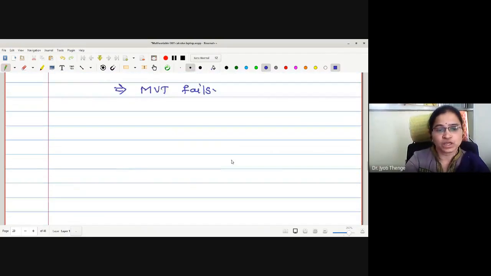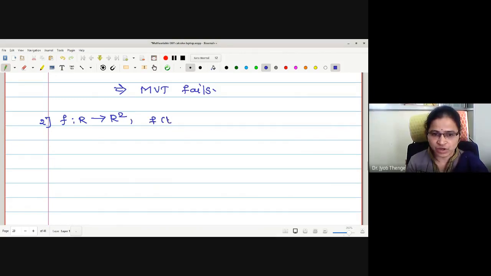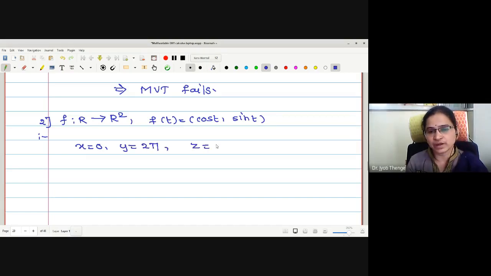Okay, you can cross check with one more example that I am giving you. Let us suppose the function is of the type R2 to R2 and f of t we define by (cos t, sin t), say. Okay, and the values are x equals 0, y equals 2 pi. Then we have to find out z.